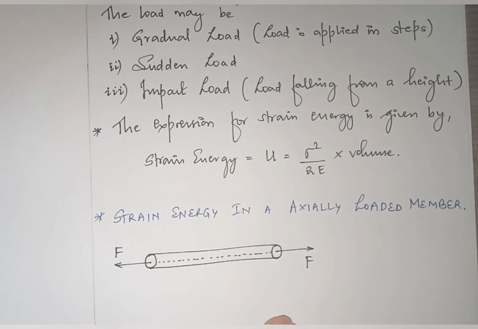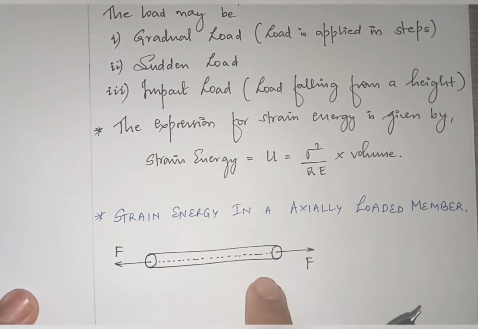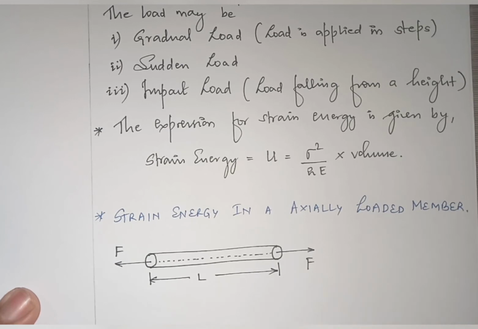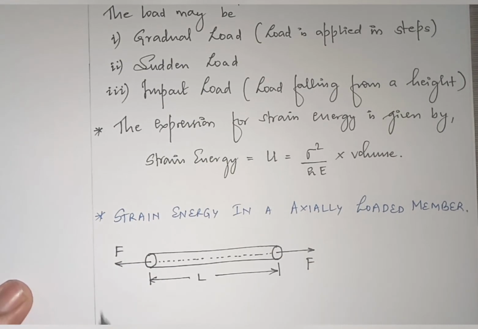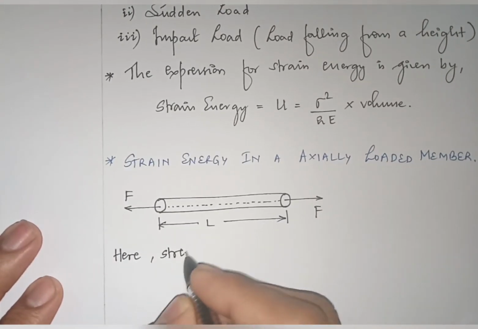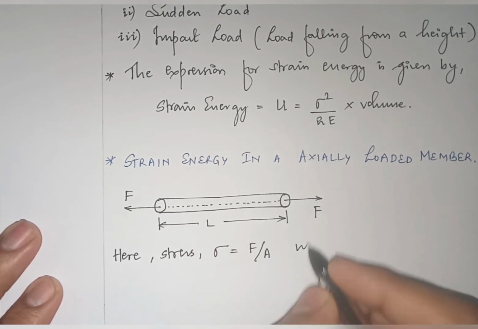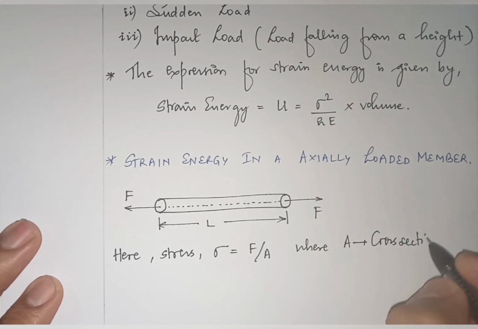Now in order to derive this, let us consider a prismatic bar of length L, and it is subjected to a force F. In that case, stress sigma is equal to F divided by A, where A is the cross sectional area.